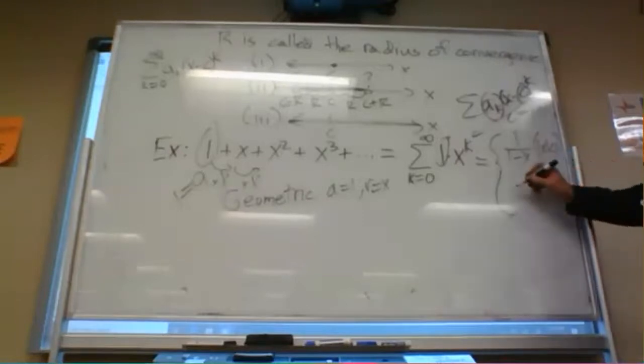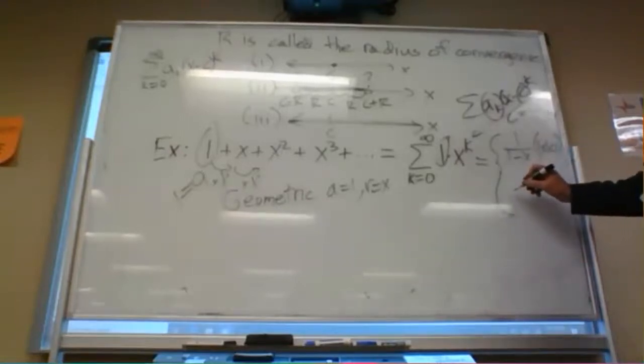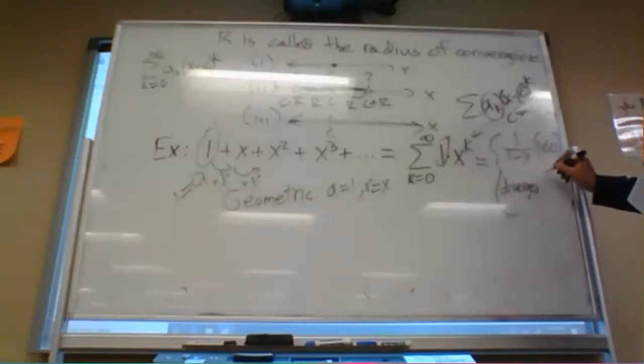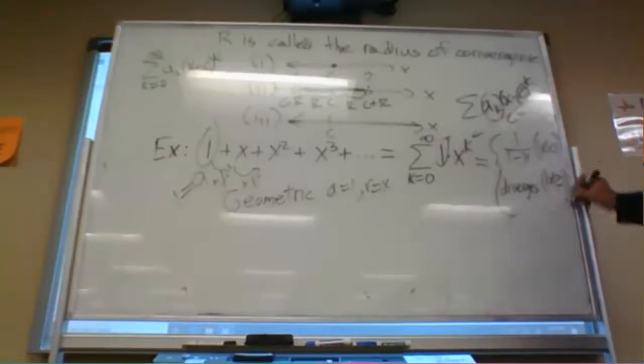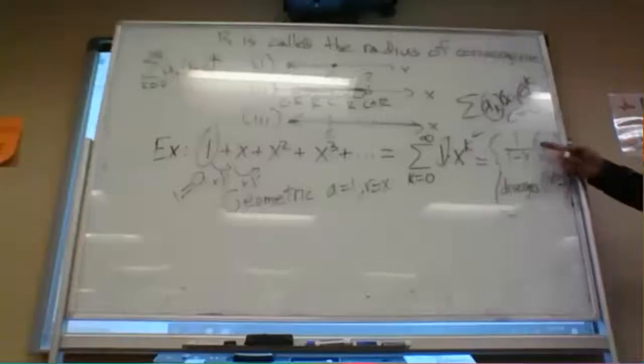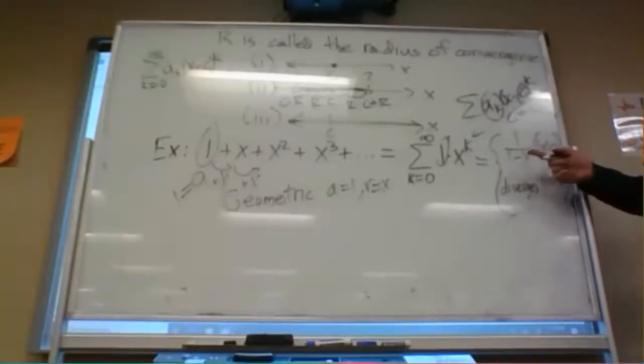So we'll make a piecewise definition here for its convergence. It can add up to 1 over 1 minus x if the absolute value of x is less than 1. And then it does not converge, it diverges, otherwise. Absolute value of x bigger than or equal to 1. I'm sorry I have to write kind of small there.